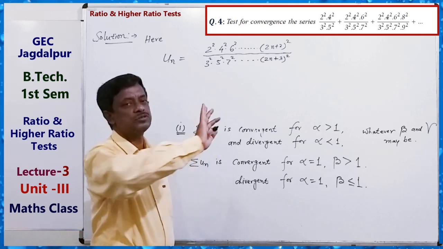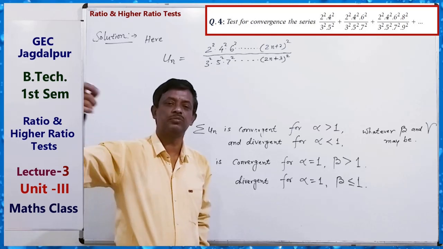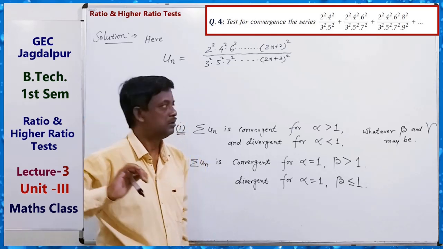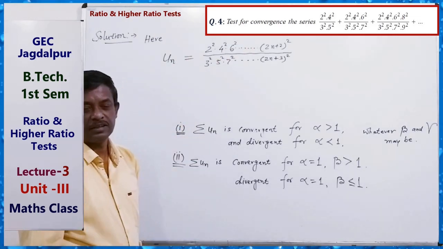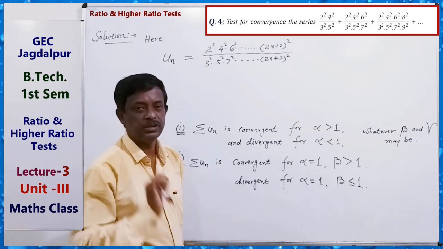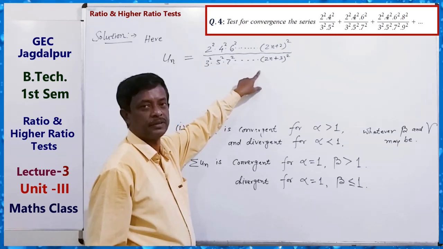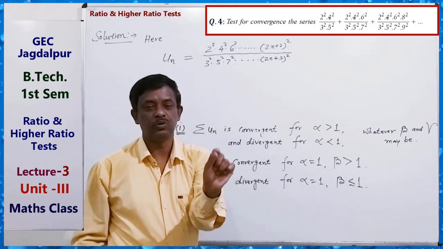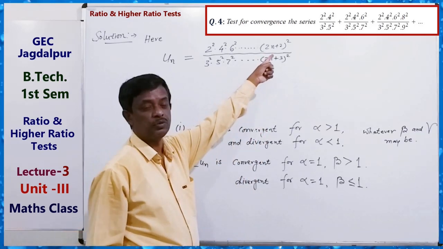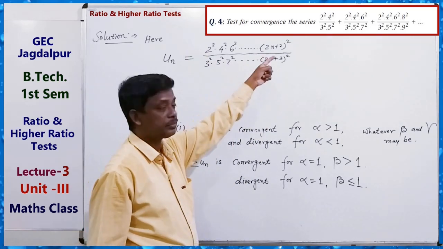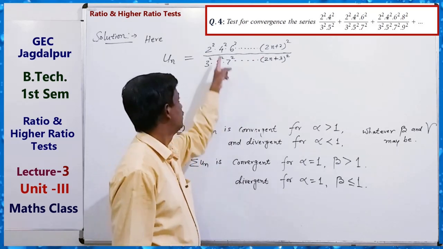It starts from n equals to 0, because we can give the index value as 0, 1, 2, 3, 4 also for counting. So we can write un equals to this for the given series. N equals to 0 means we are getting 2 square, and n equals to 1 gives 4 square.